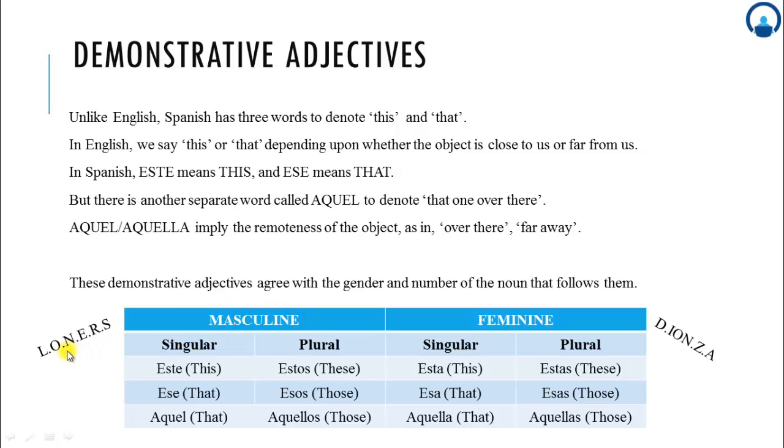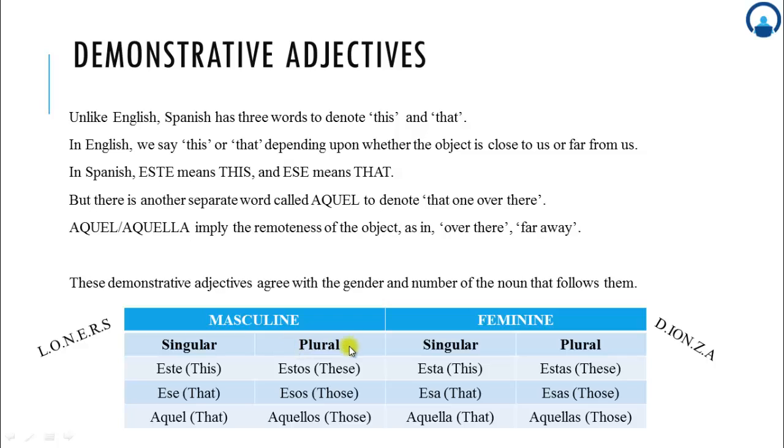Masculine, if we remember the rule, loners, L-O-N-E-R-S, the words ending in these letters are masculine for most of the cases. So in masculine singular, it is este, that means this, ese means that, and aquel means that one over there, the far one.